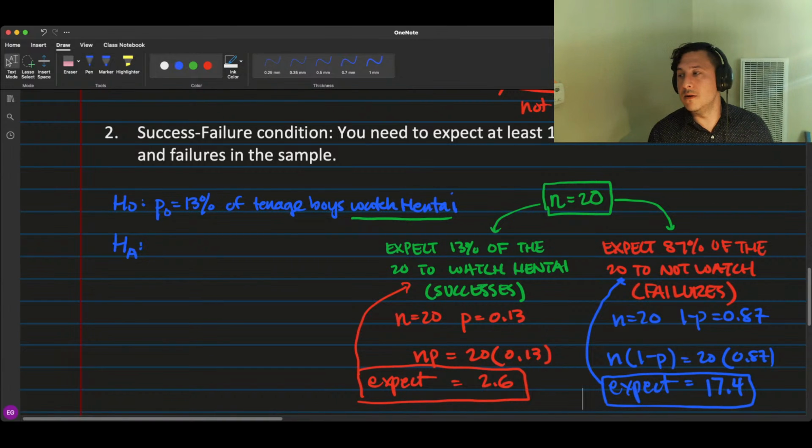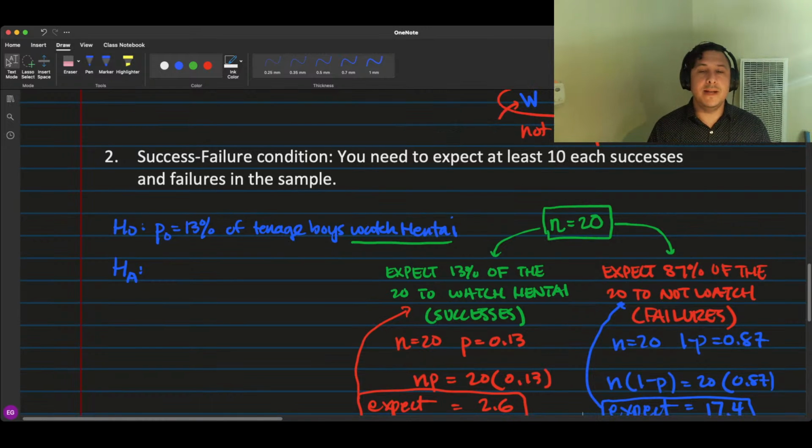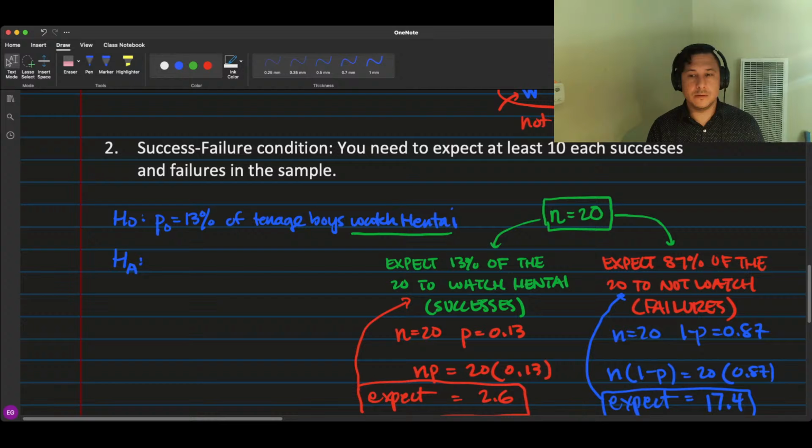Now, according to my guideline, how many successes and failures do I need to expect in my sample? So I expect 2.6 people to watch hentai. I expect 17.4 of them to not watch hentai. And I need at least 10. So this is a no go.